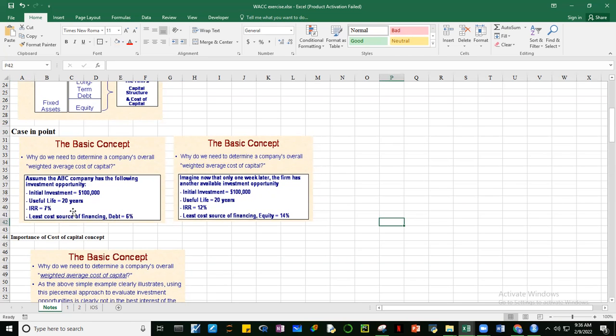Okay, so should the company invest in this one? What do you think, guys? Yung IRR, kinompute nila 7%. Pero ang ginamit nila na cost of capital, yung debt na 6%, yung least cost of financing.